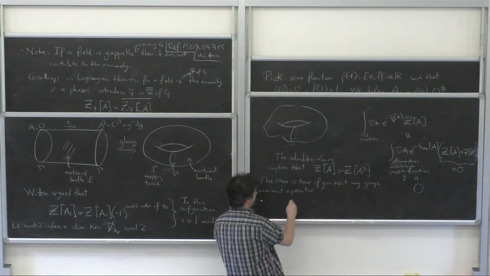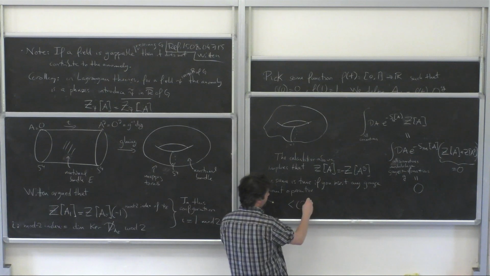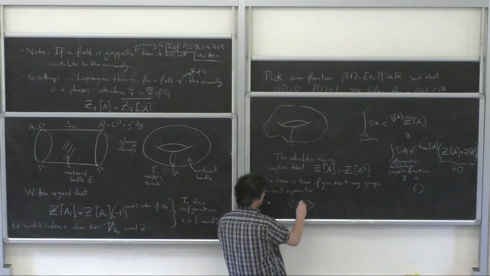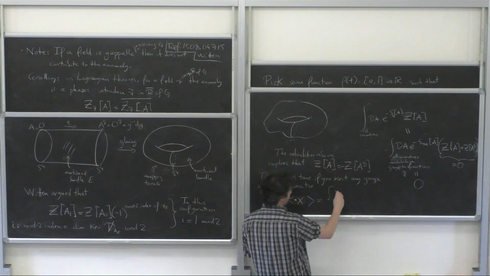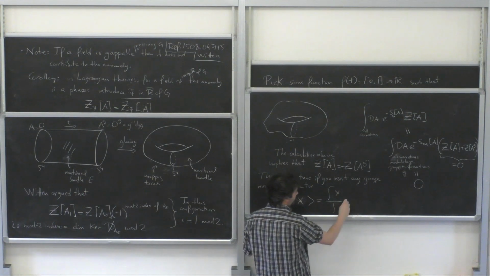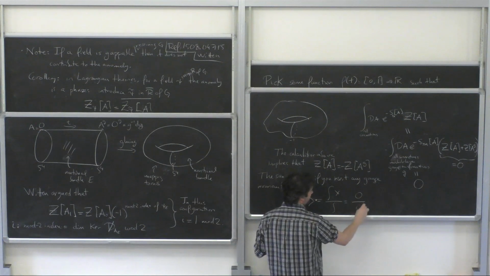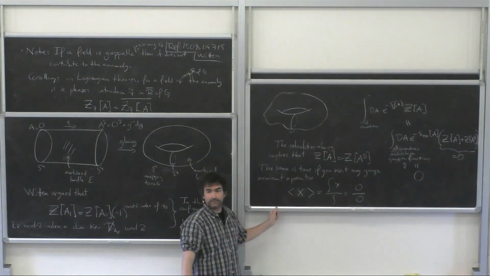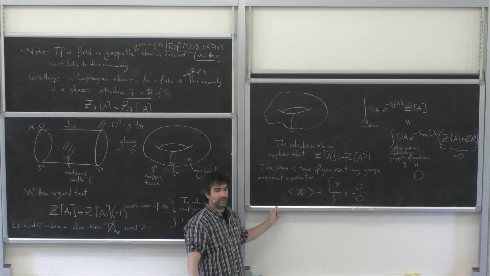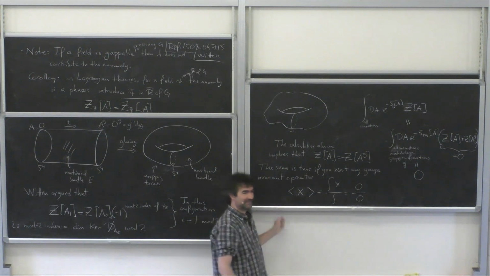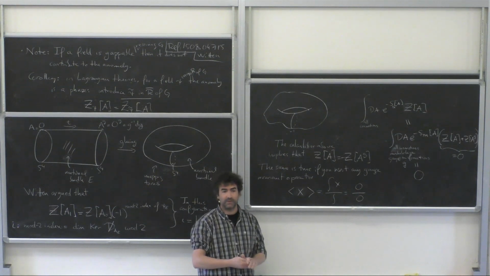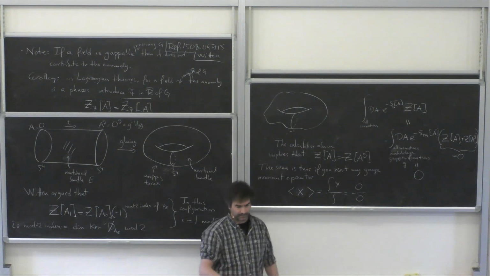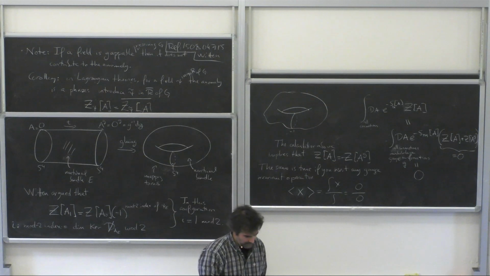So if you want to compute the correlator of some operator, which is gauge invariant, let me call it X, this is going to be the partition function with an X inside, divided by the partition function, so this is going to be 0 over 0. So at this point, we're in serious trouble. So this theory cannot really make sense. It's not a quantum theory that we can use for calculating anything. Okay, let's just stop here.